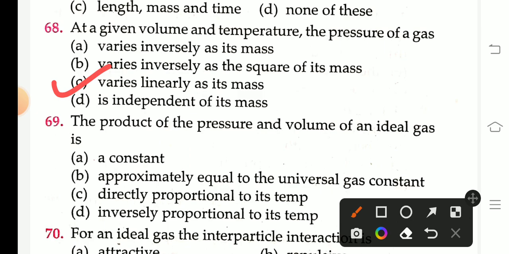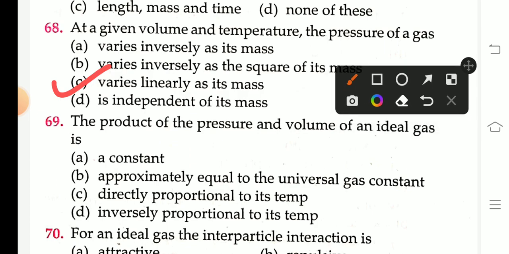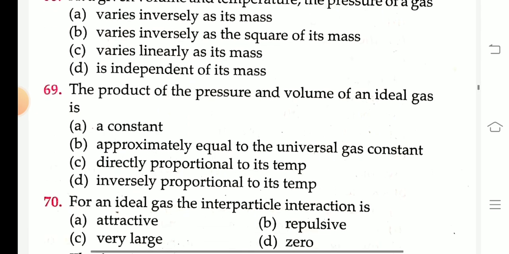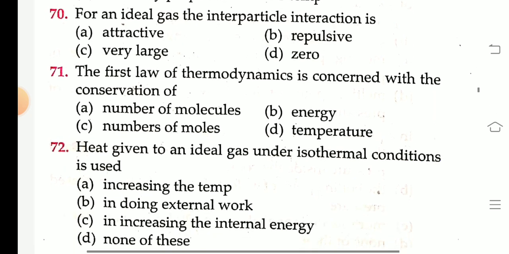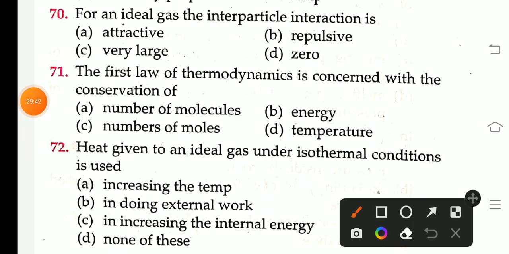Next, the product of the pressure and volume of an ideal gas is, right answer will be option C, directly proportional to its temperature. Next, for an ideal gas, the intermolecular interaction is, right answer will be option D, 0.